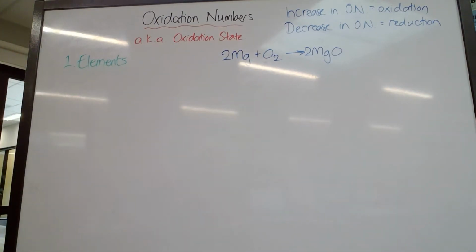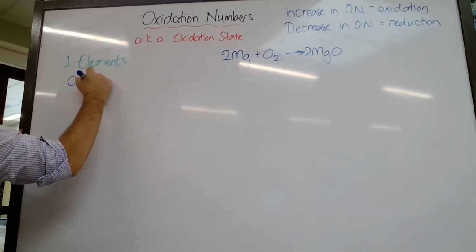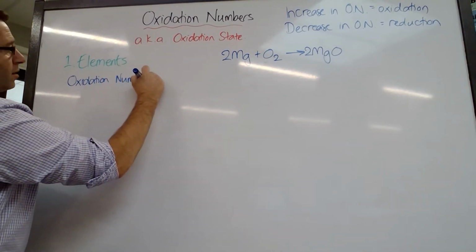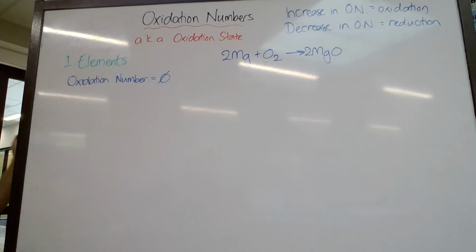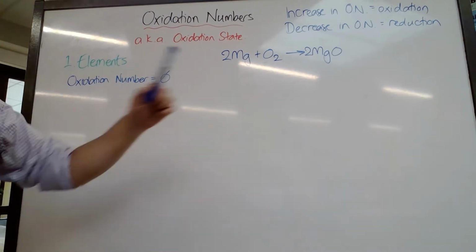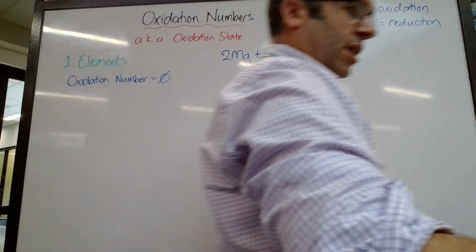Anything that's just one type of atom on its own is an element, and their oxidation number, without exception, is equal to 0. There are no exceptions to that. So the magnesium has an oxidation number of 0. The oxygen has an oxidation number of 0 in this equation. That's probably the easiest one to do.